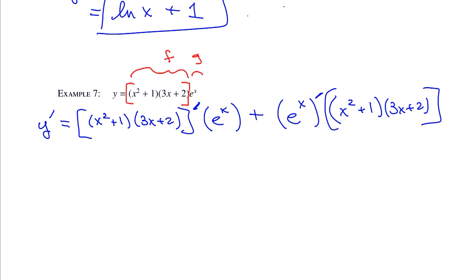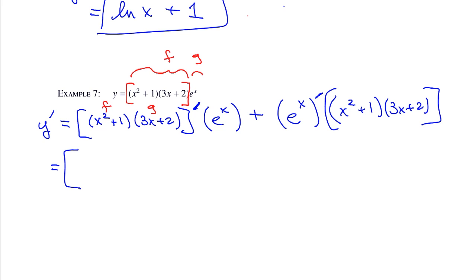Now, to simplify this, the first thing that we need to do is find the derivative of x squared plus 1 times 3x plus 2. That in and of itself is a product. So in order to do just this piece of this problem, I have to invoke the product rule again, sort of within itself. So here's another f and another g. All right. So here we go. We're going to use the product rule on this inside part as well.